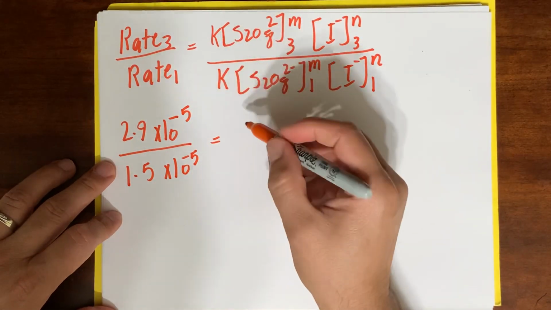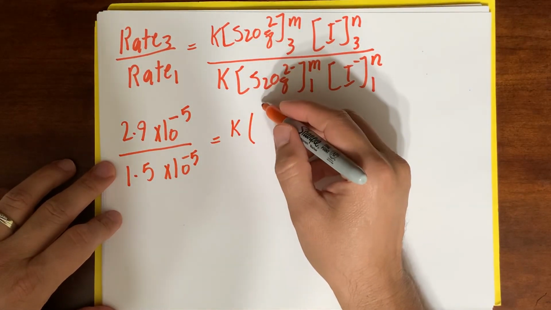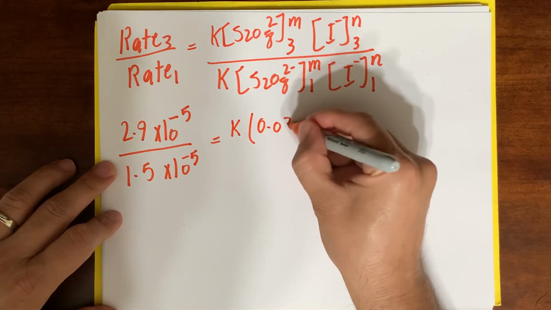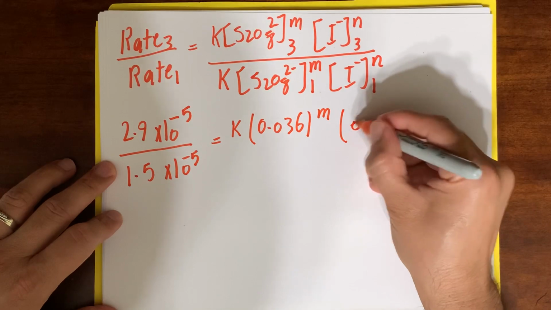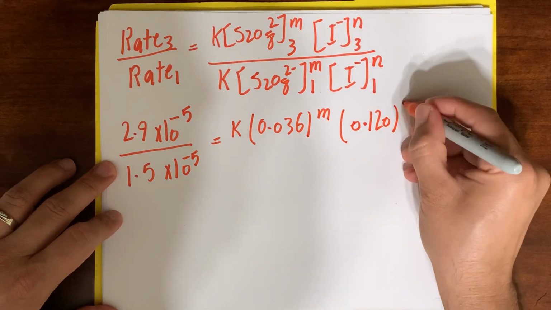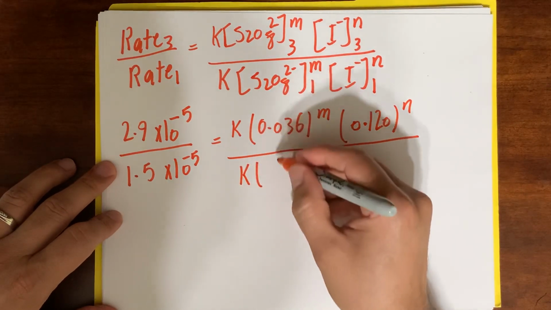K by K will be cancelled, so let's keep them for now. Concentration of S2O8 from the third experiment is 0.036 to the power of m. Iodide is 0.120 to the power of n. Divide by k.